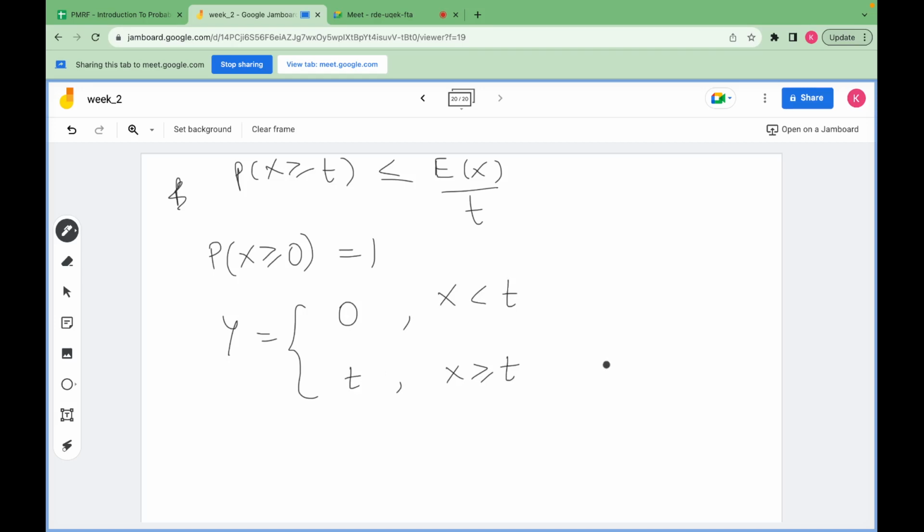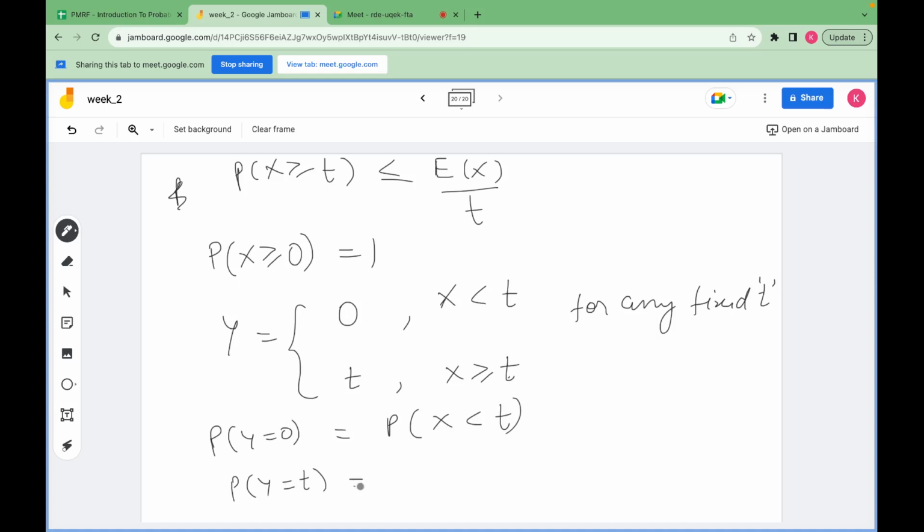Okay, so it is for any fixed t. So we are defining that whenever this x is less than t, y equals 0, and if x is greater than t, then the value of y will be t.